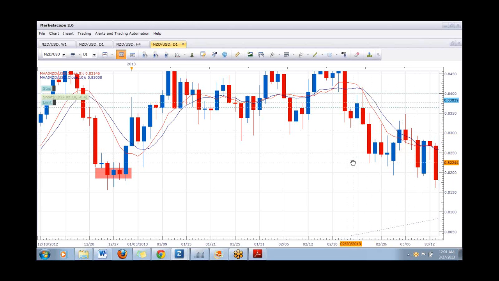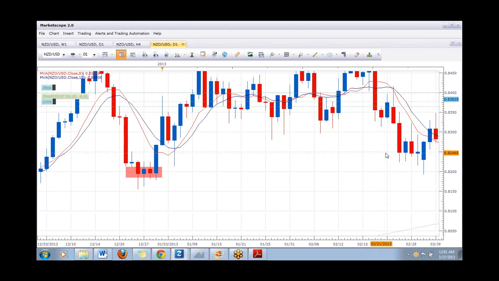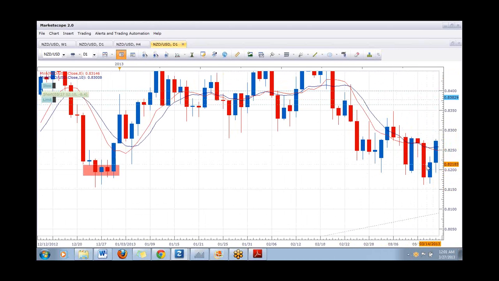So here, these are your false breakouts. Why? Because technically speaking, in terms of the basic foundation of technical analysis, this is just a correction of the trend: lower low, lower high, lower low.